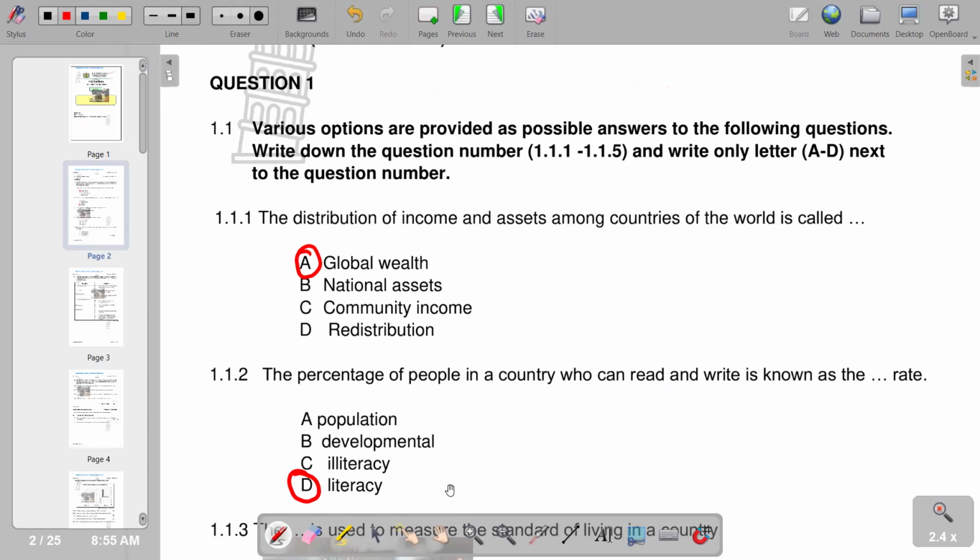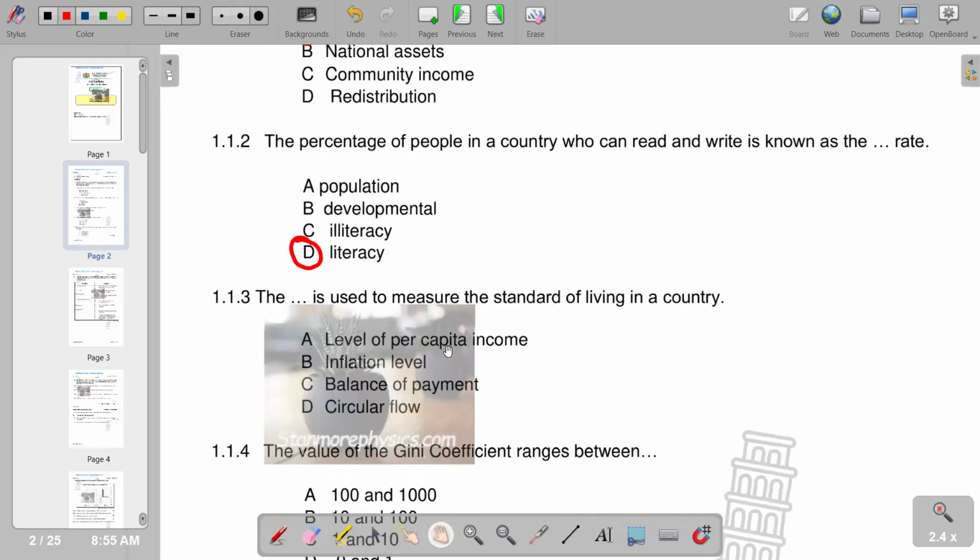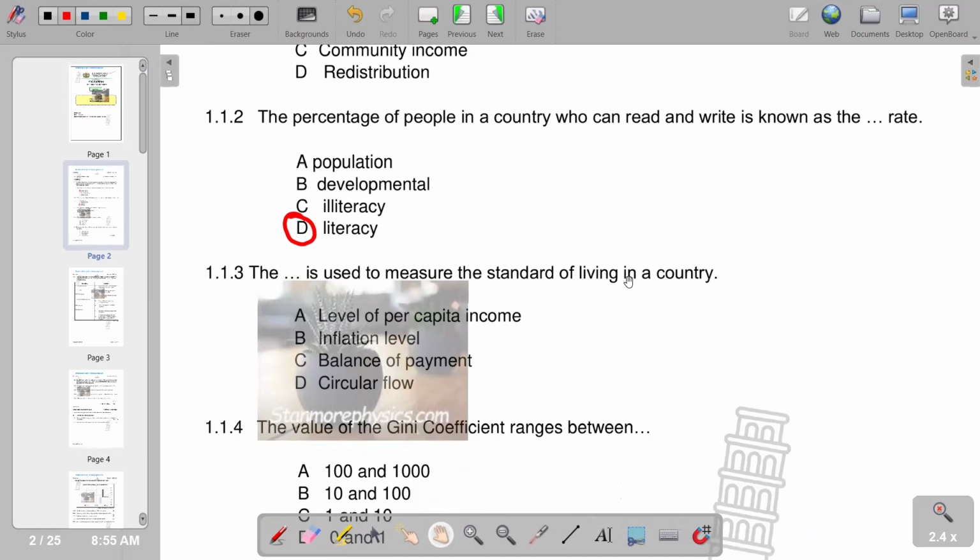And moving on to the next question, which is number three. The dash is used to measure the standard of living in a country. So you'd say that the level of per capita income, of which per capita income, it is the measure of the average income earned per person in a given area. So obviously, it will be within a specific period, for example, for a year.